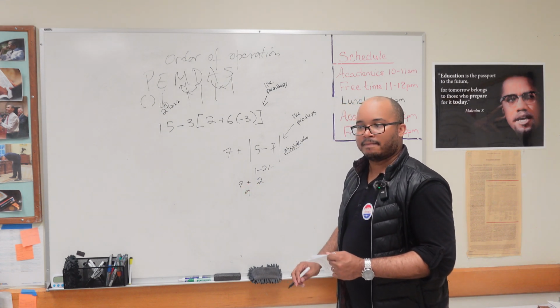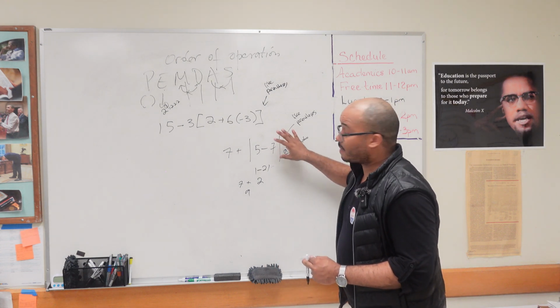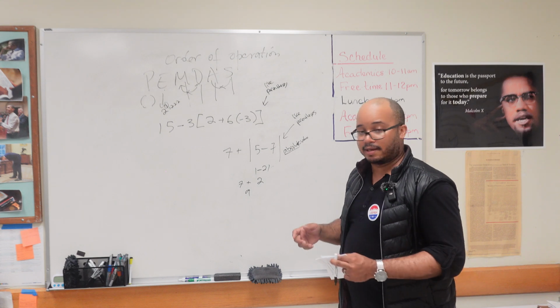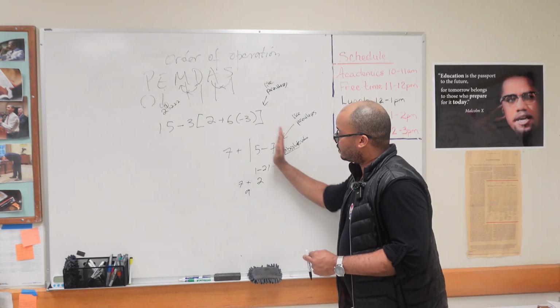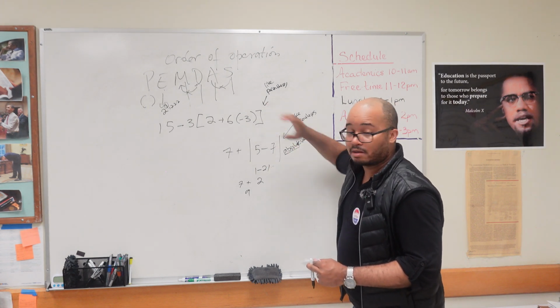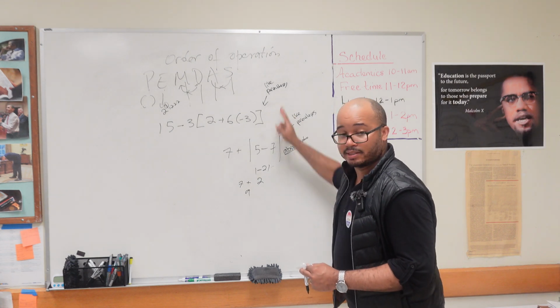And absolute value is always positive. But again, this might confuse people when you see it on a Regents exam. Just treat these absolute value lines and the brackets like parentheses.